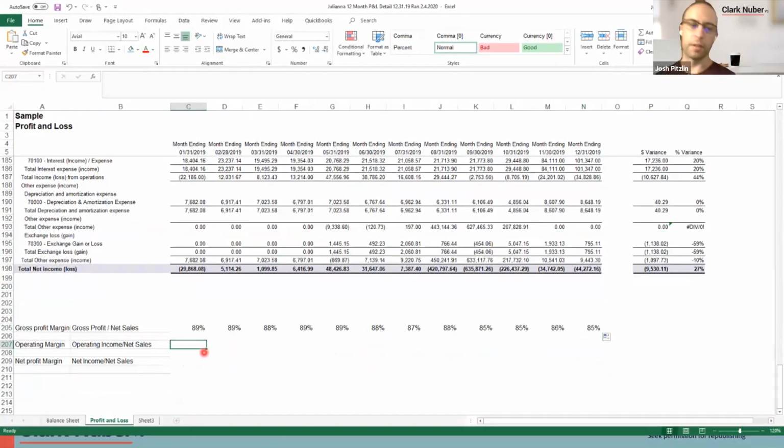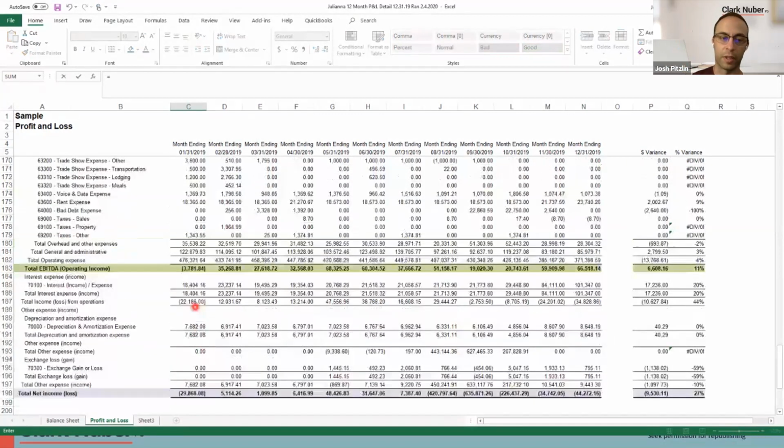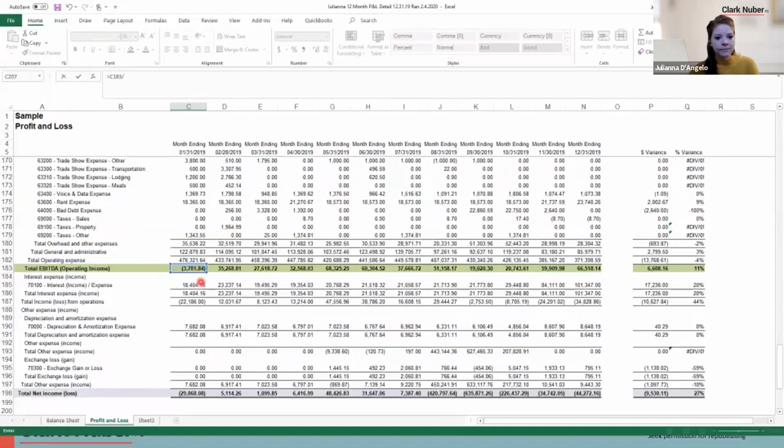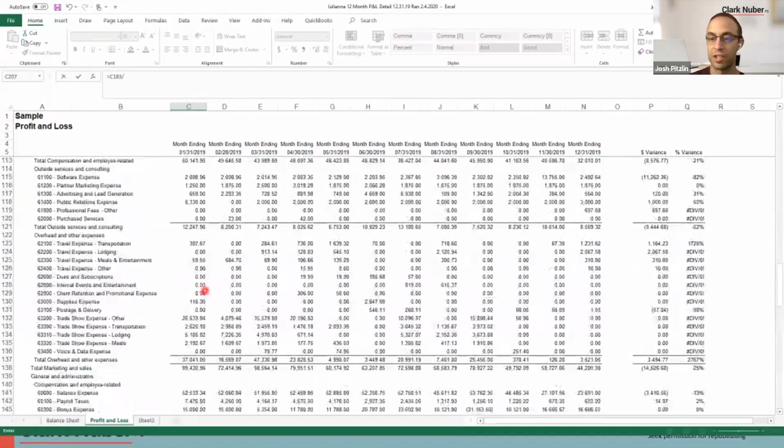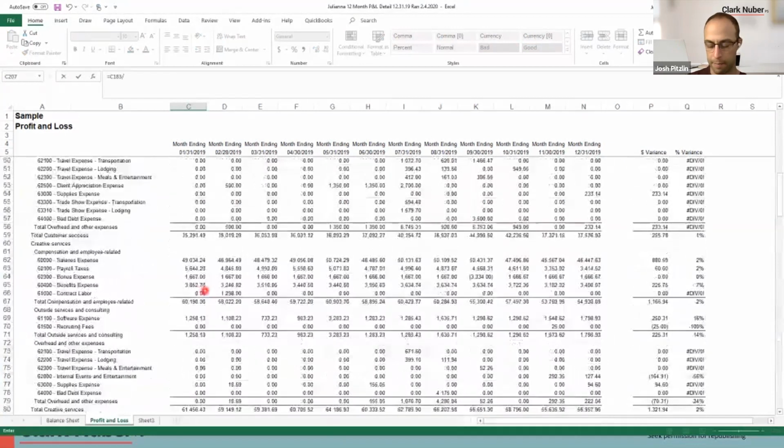Juliana, while you're doing that, I'll speak a little bit to gross profit margin and the importance of gross margin in the construction and construction adjacent industry in general.